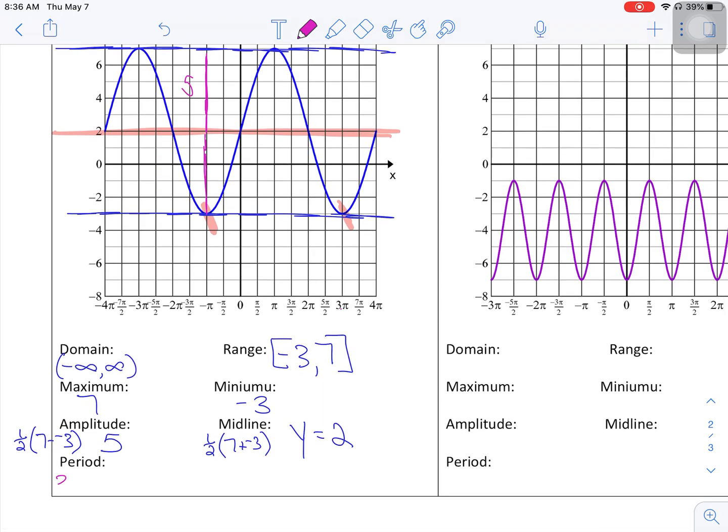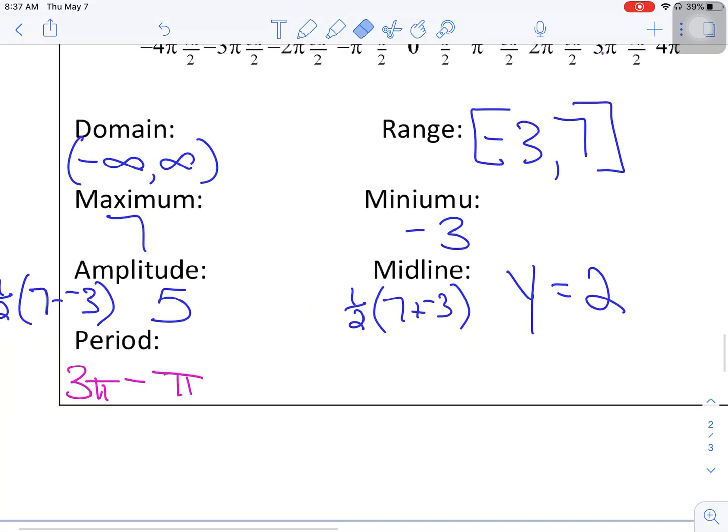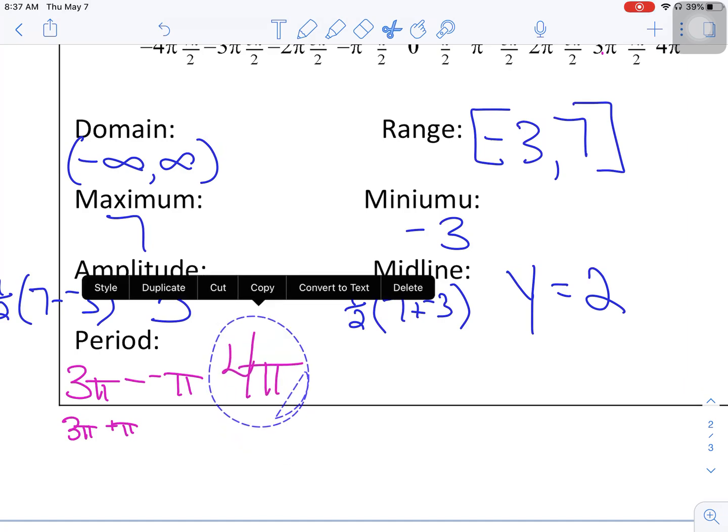So I'm going to do 3 pi minus this other minimum, which is negative pi. So I just lost my negative sign there, so let me fix that. So this would be 3 pi plus pi. Add them just like you would any other values. 3 pi plus pi is a period of 4 pi. That is probably really difficult to see the top of the pi symbol there. There we go. Let's move that up.